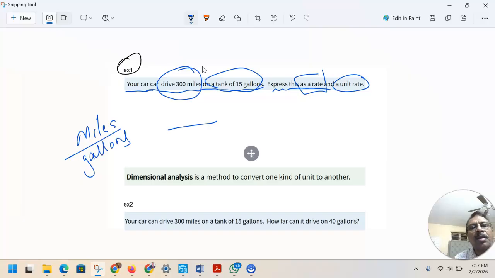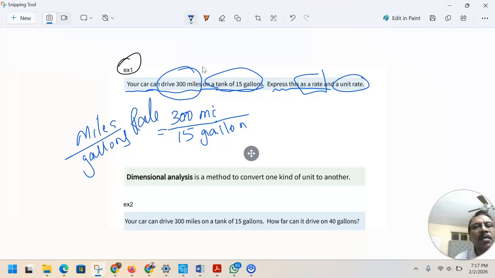So we can write 300 miles, MI stands for miles, over 15 gallons. When you write it in this form, this is the rate.